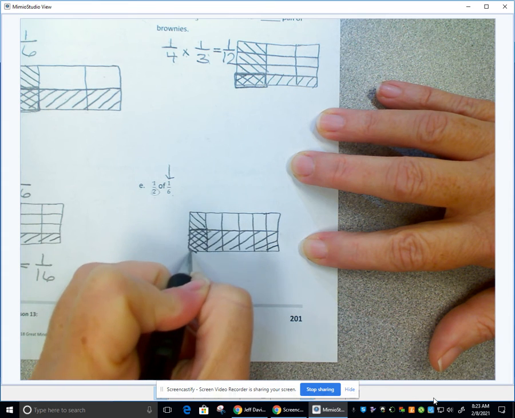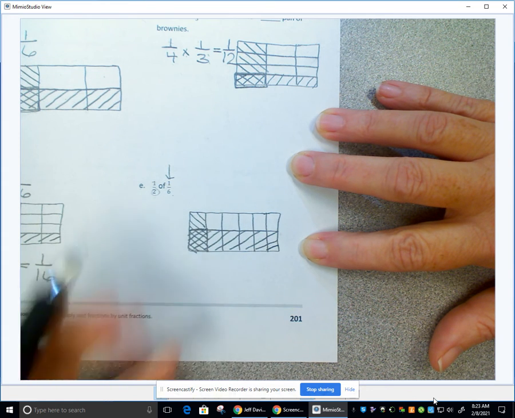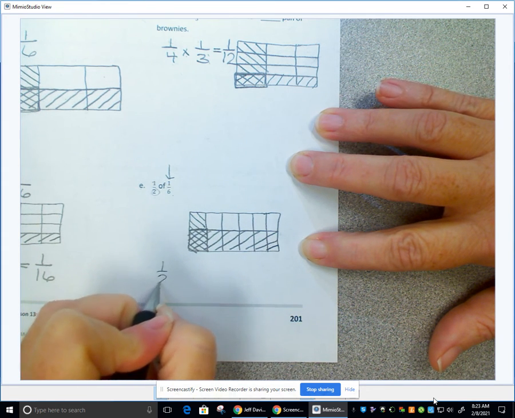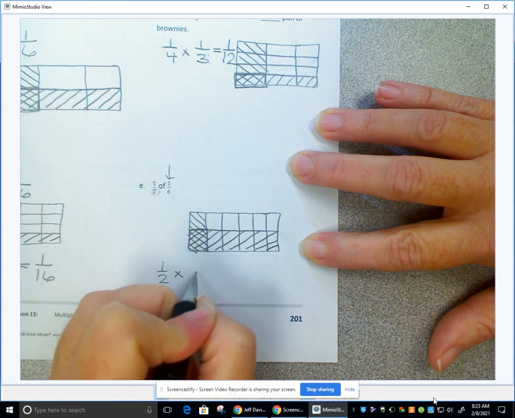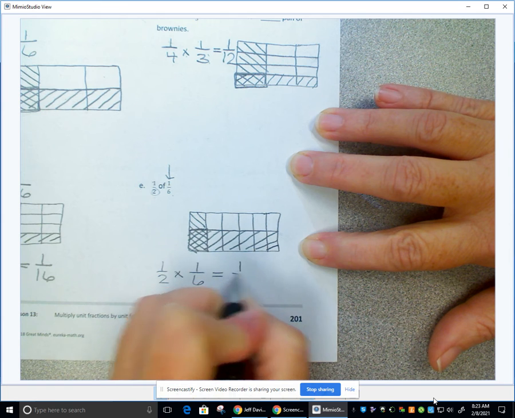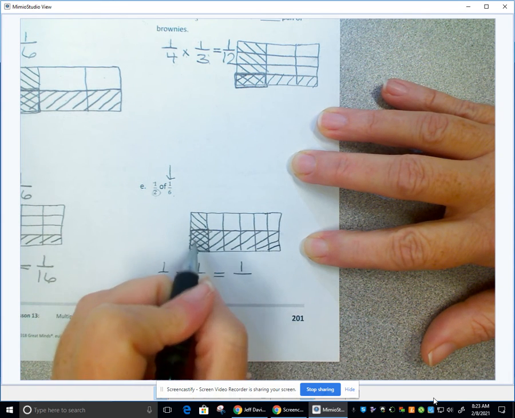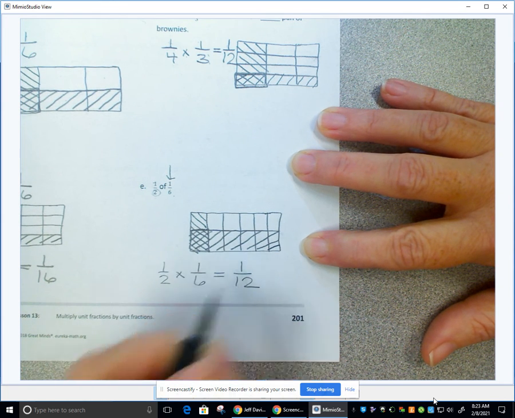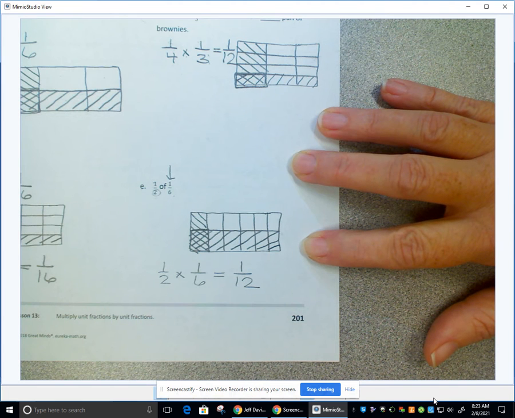So here's my answer. So I'm going to say 1/2 times 1/6 equals 1 out of 12. 1/12. Okay?